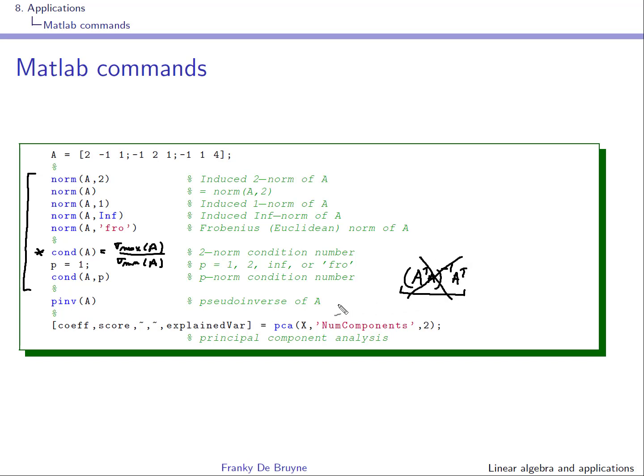Then you have something that is called the pseudo inverse, and it's also based on the singular value decomposition U sigma V transpose. It's in the course and it's there for your information.